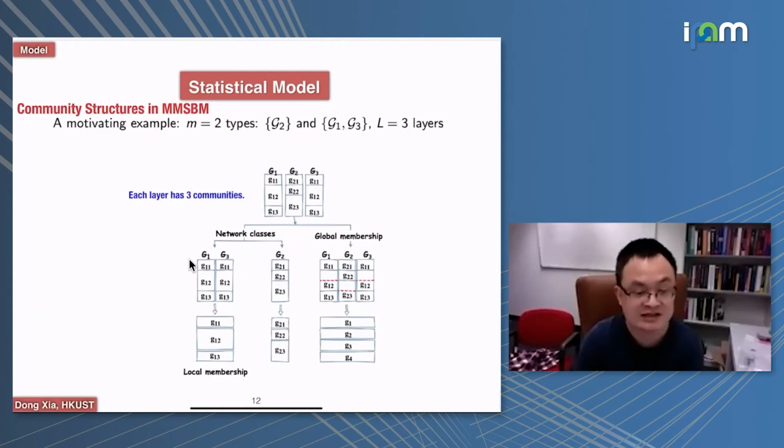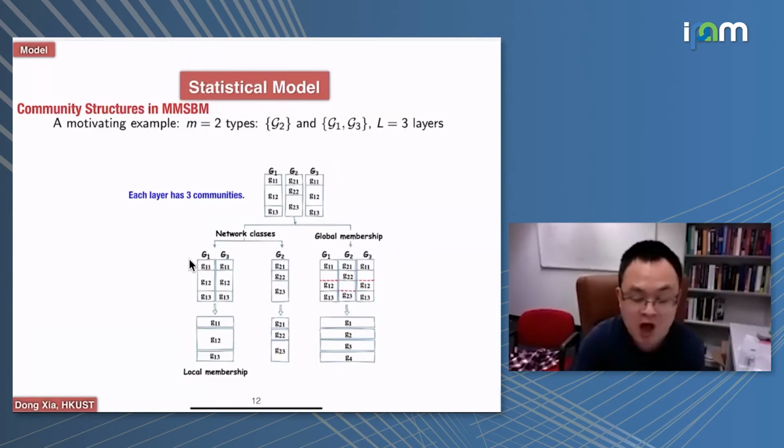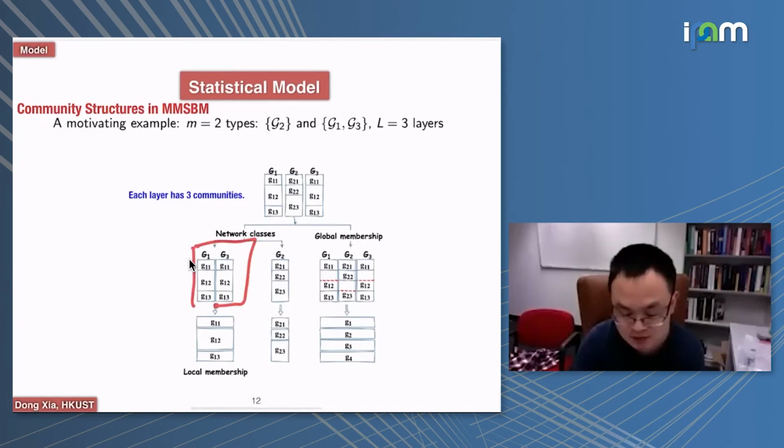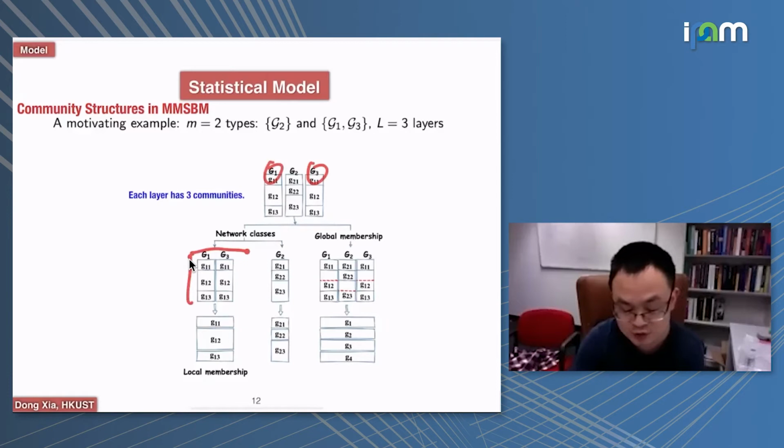Now you can see in this kind of example, we have several different tasks. The first one is that if we observe this kind of network, with many layers, then first of all, how do we identify which layers belong to the same class? Of course, in this case, we know the first layer and the third layer belong to one class, and the second layer belongs to another class.